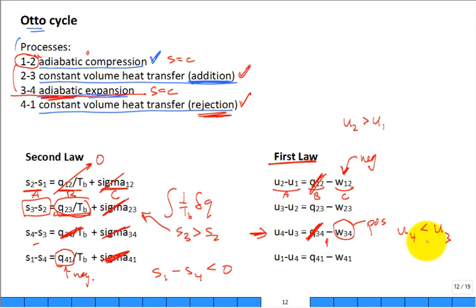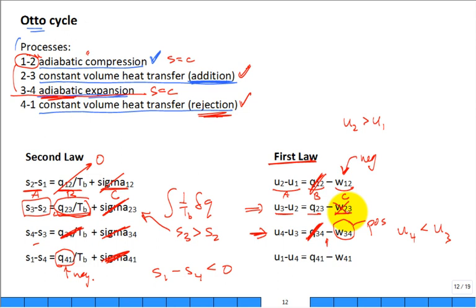All right. Let's take a look now at process 2 to 3, the one I skipped right here. It's a constant volume heat addition. Which term, changing U, Q, or W is 0? You're all experts. Why is the W 0?